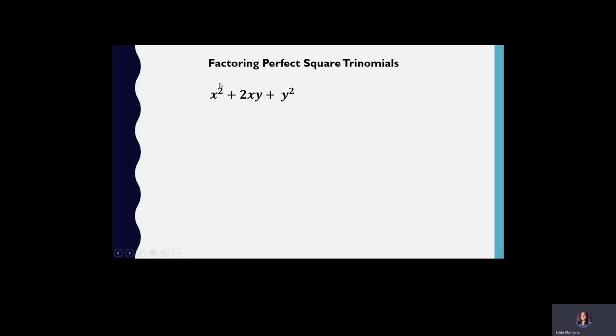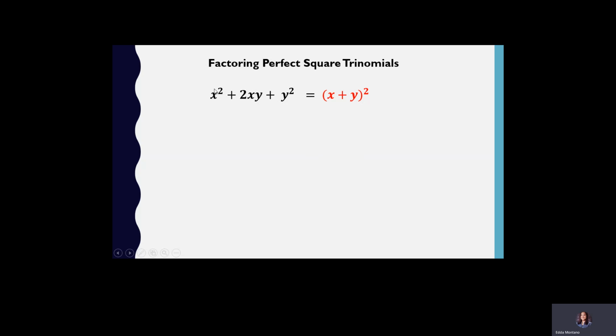If you get the square root of x squared, which is x, and the square root of y squared, which is y, multiply x times y, and multiply it again by 2, and that's our middle term. So we could say that this is a perfect square trinomial. Again, this is our result. Simple as this one. You enclose this one, x plus y, and then you square it.